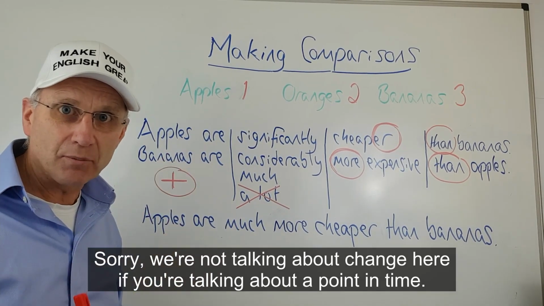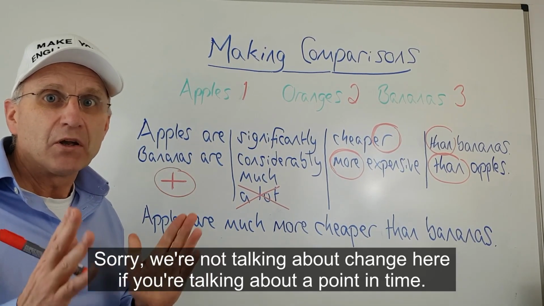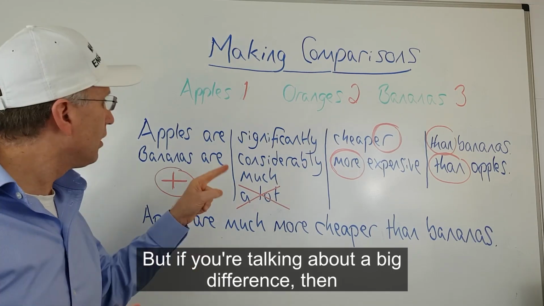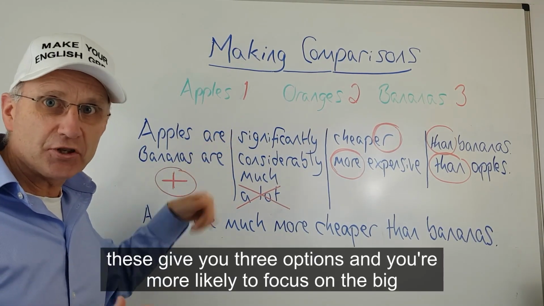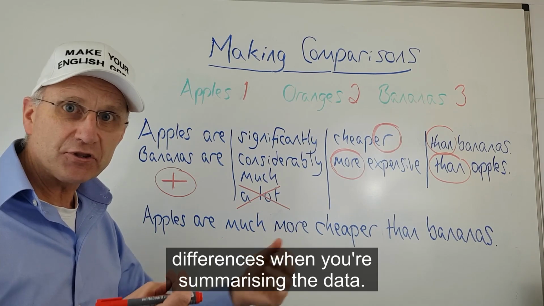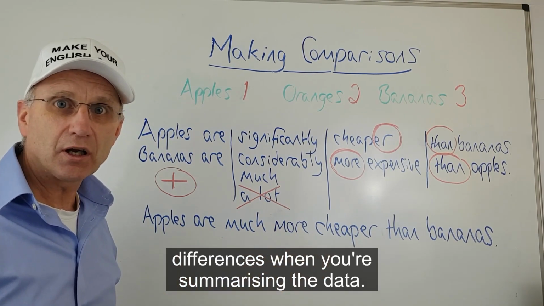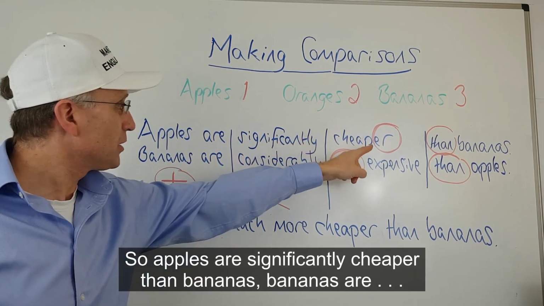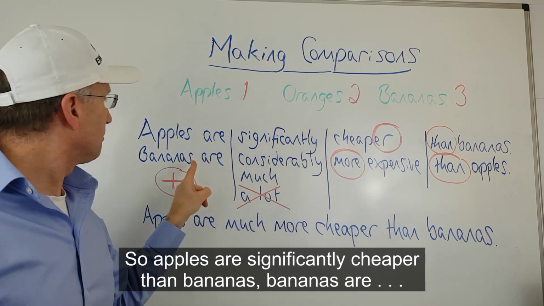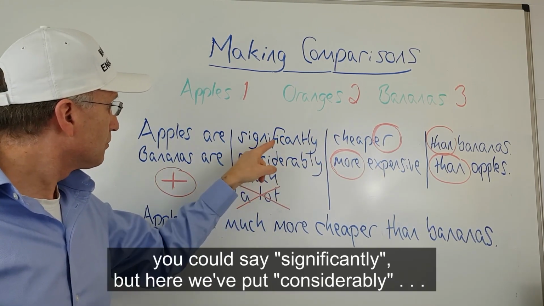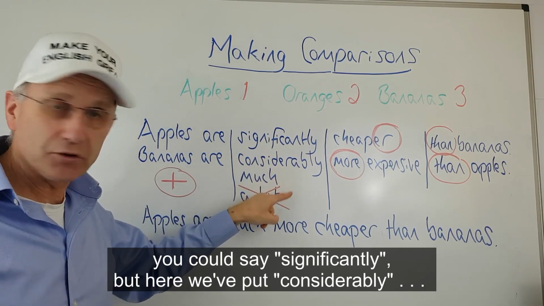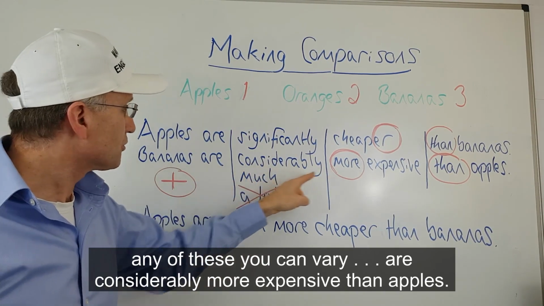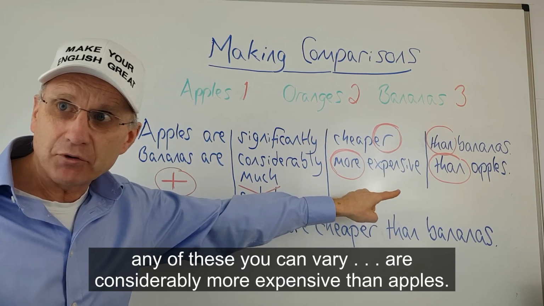If you're talking about a big difference, then these give you 3 options, and you're more likely to focus on the big differences when you're summarizing the data. So apples are significantly cheaper than bananas. Bananas are, you could say significantly, but here we've put considerably. Any of these you can vary. Are considerably more expensive than apples.